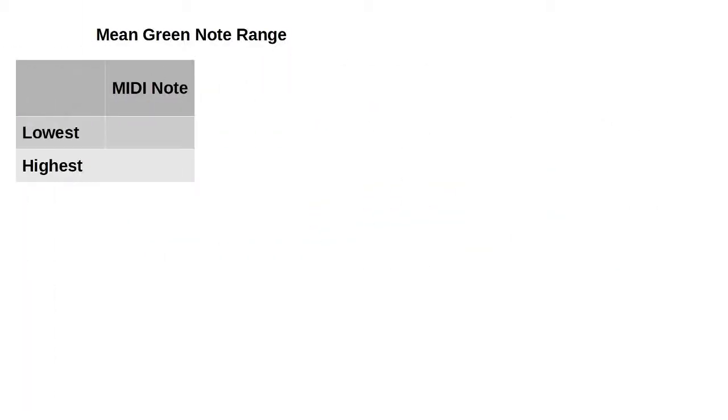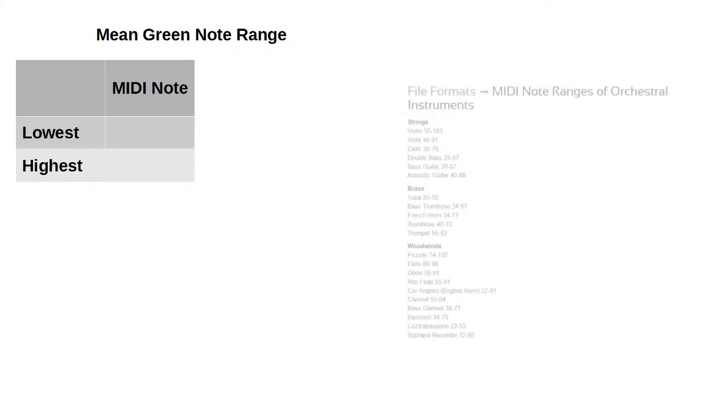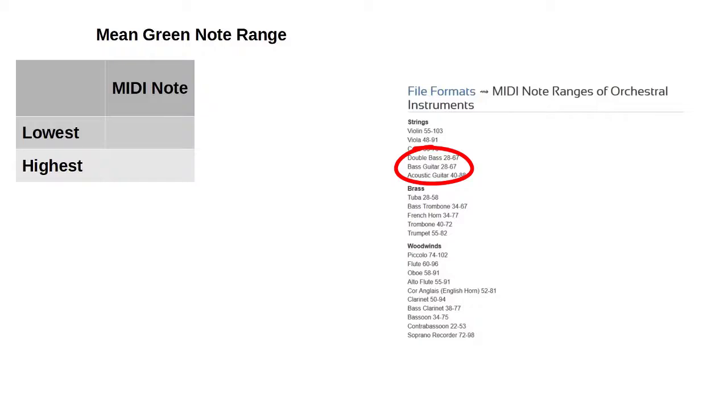Now what about note range? Well, soundprogramming.net helpfully give us the MIDI note number ranges of a range of instruments. So let us set our lowest note at 28, the lowest note of a bass guitar, and our highest note at 102, the highest note of a piccolo.